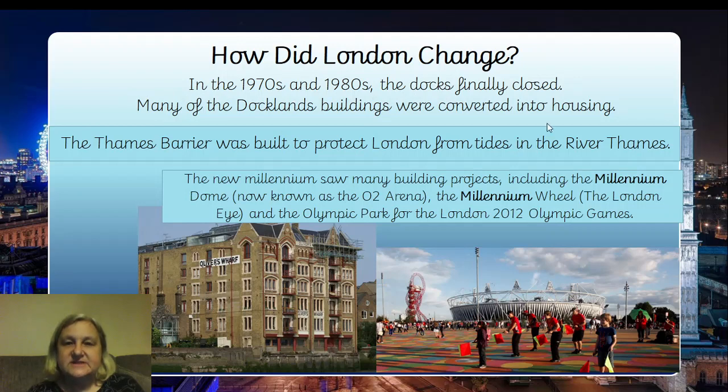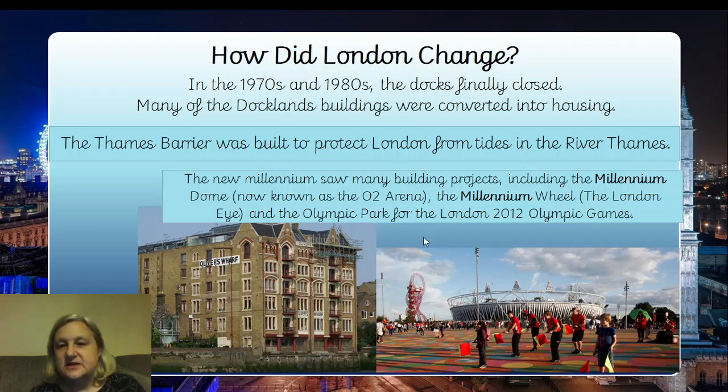So in the 1970s and 80s, the docks, so the trading through London through shipping, came to an end, and the docklands, the buildings that were used for goods going in and goods being stored to go out, they've been changed to housing, and a barrier was built to protect London from the tides in the River Thames.